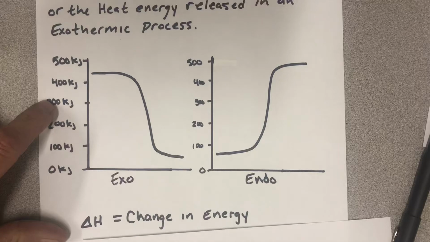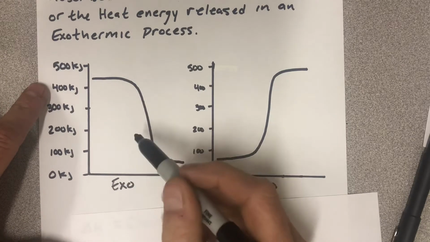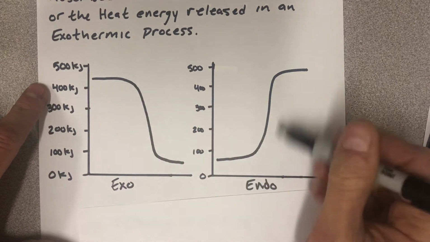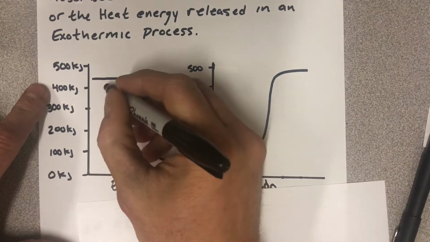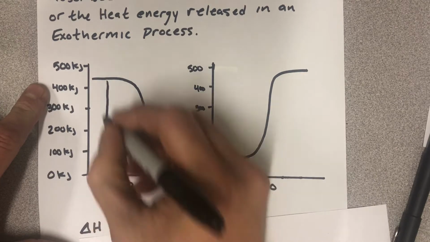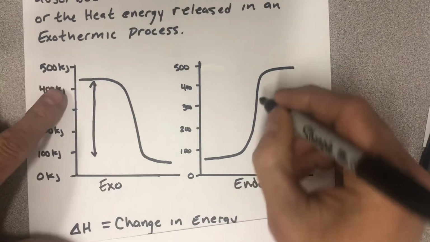Okay, so enthalpy is really just the amount of energy that has either been lost in an exothermic or gained in an endothermic. So it's just the difference between the starting and ending points of energy in a process that is exothermic or endothermic.